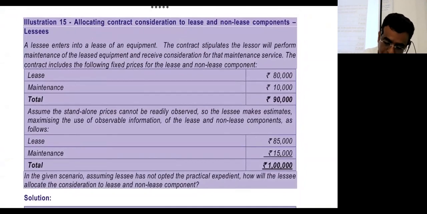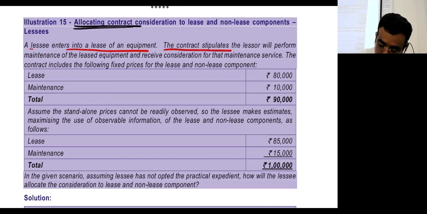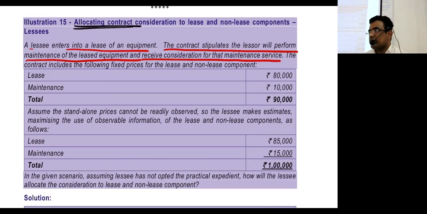Can I do allocation in a multi-part contract? A lessee enters into a lease of equipment. The seller will perform maintenance of the leased equipment and receive consideration for the maintenance service.